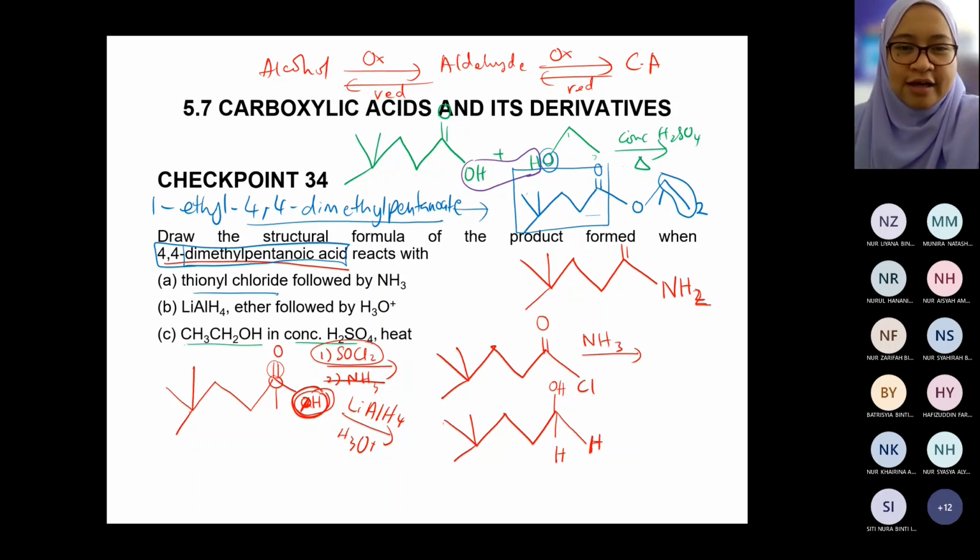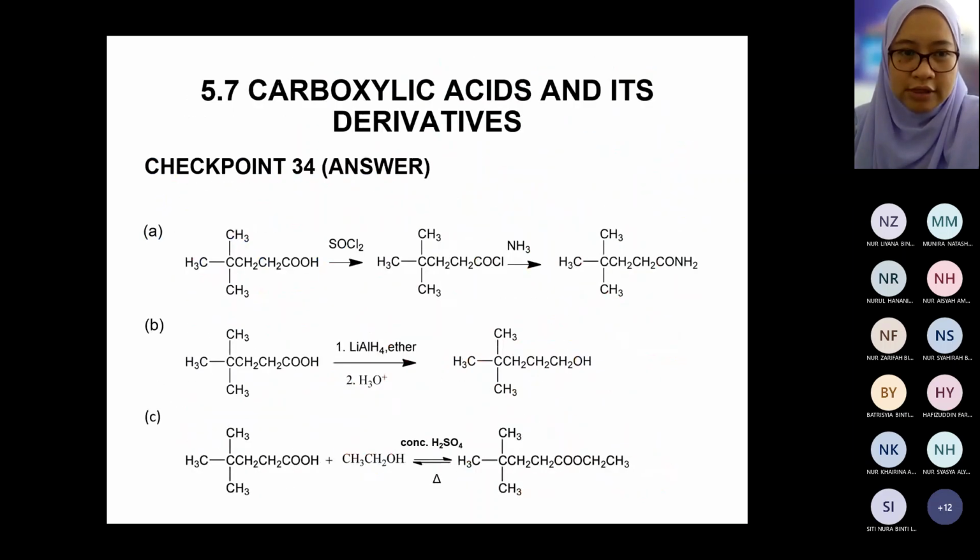Thionyl chloride, react with NH3. So what will be the product formed? That's the reagent you have to familiarize yourself with first. Okay. This shows OH replaced with Cl. Then Cl replaced with NH2. Remain the O. Okay. Alright.